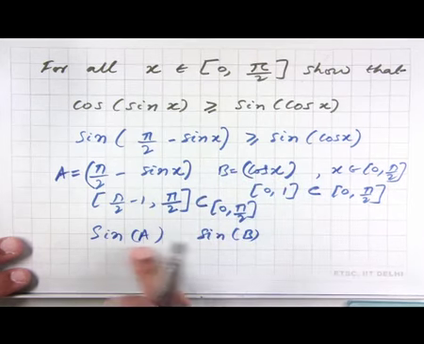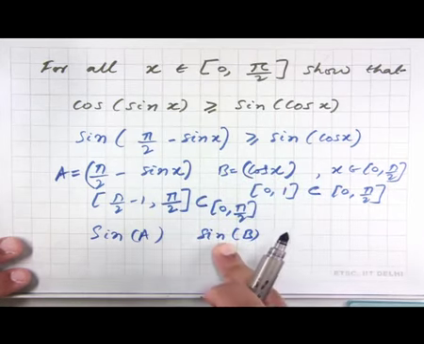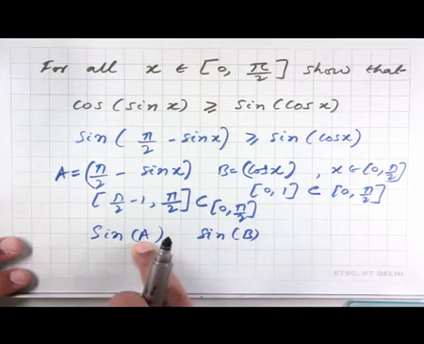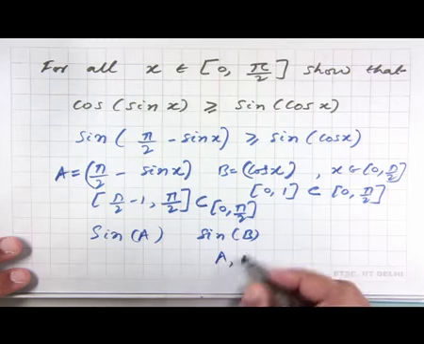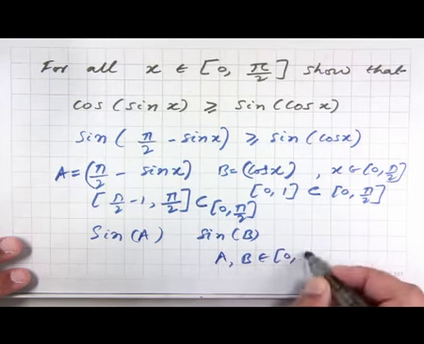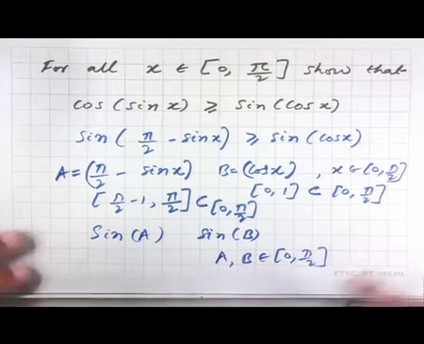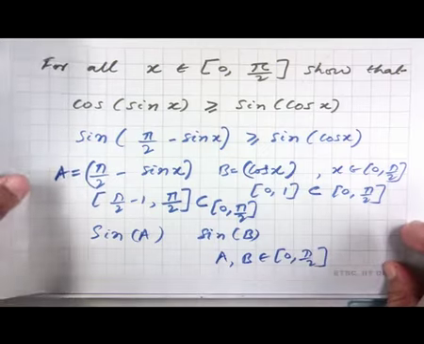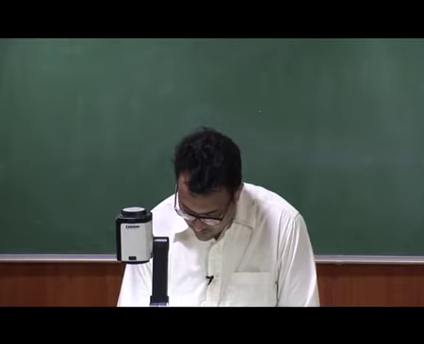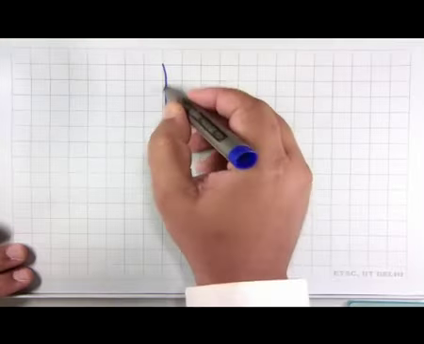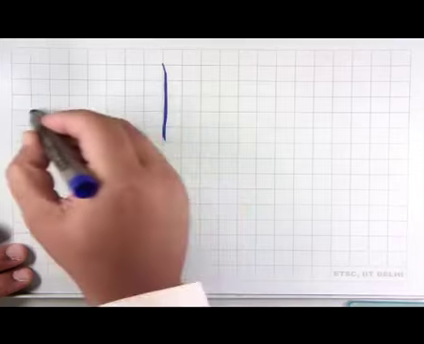we are asked to show that sine A is greater than or equal to sine B, and we know that both A and B will belong to the interval 0 to pi by 2. If you have seen the graph of the sine function, I'll quickly plot it.